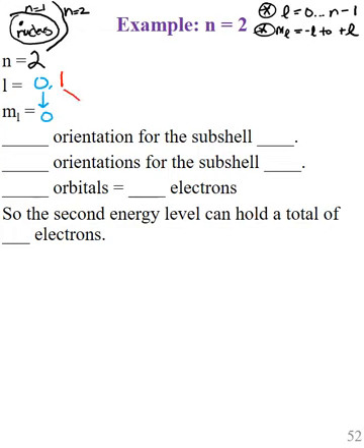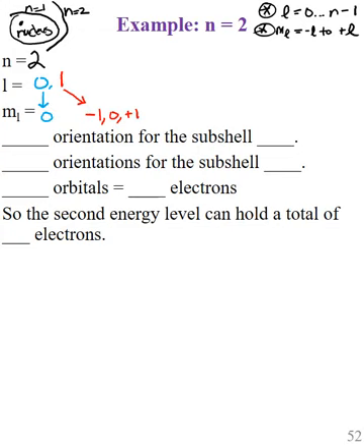If I looked at the 1, the M sub L is going to be negative 1, 0, to plus 1. Are you good so far? If you need to pause, rewind, something like that, go right ahead.